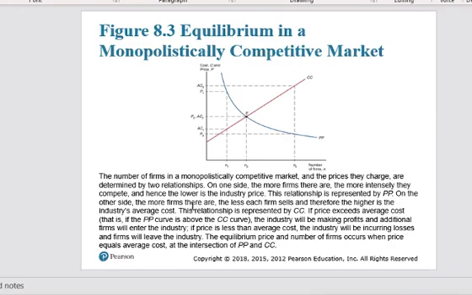Okay, so this graph represents a monopolistic competitive market and the price they charge. And this is determined by two relationships.